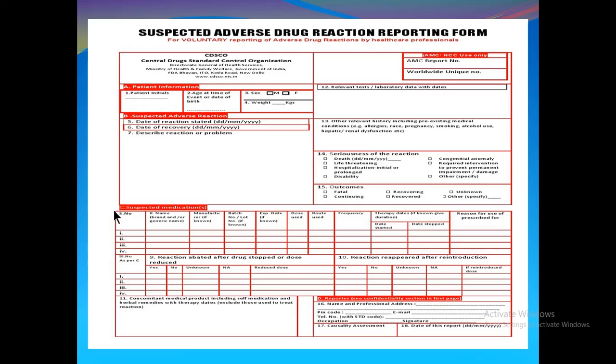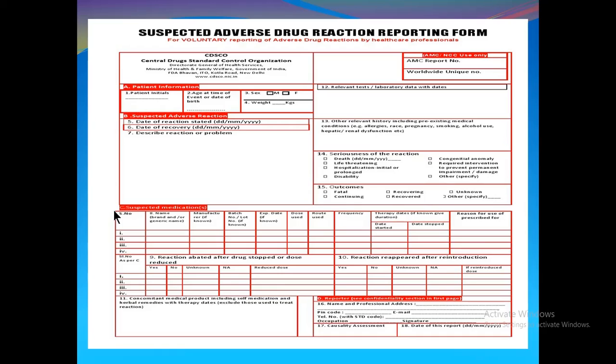In point number 9, details about whether the reaction abated after stopping the drug or reducing its dose have to be filled under 5 headings. In point number 10, details about whether the reaction reappeared after reintroduction of the drug after a temporary stopped period have to be filled.